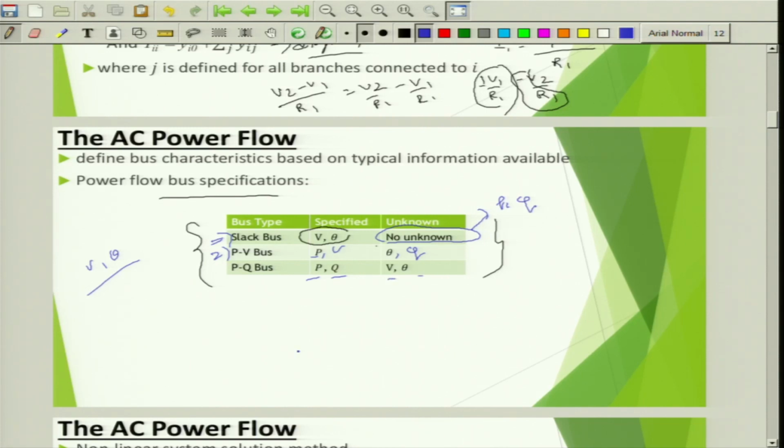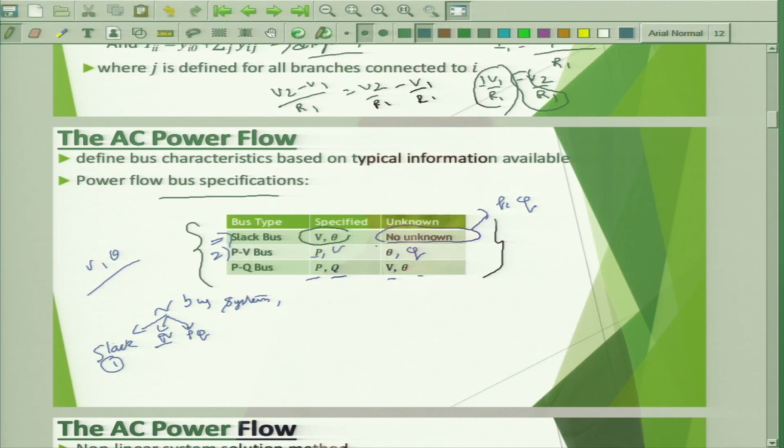So, let us say there is an n bus system, and this includes the slack bus, PV buses and PQ buses. For the entire system there will be only one slack bus, one reference bus basically, where we consider voltage and angle as a reference, and PV bus means active power is known and voltage is known.